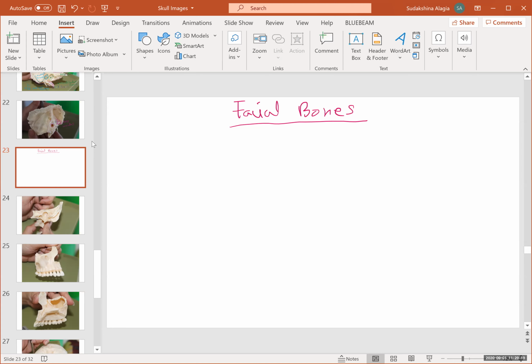So we got two maxillary bones, individually called maxilla, maxillary bones.